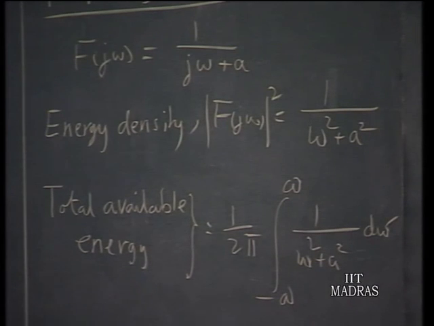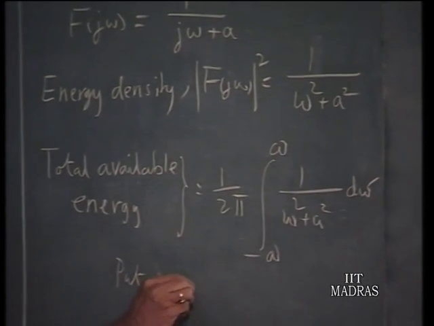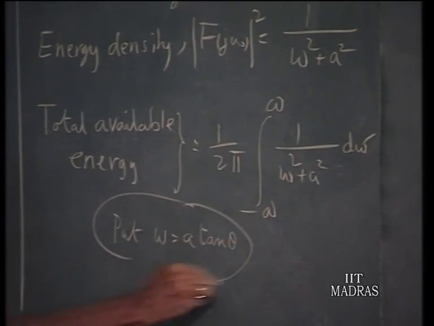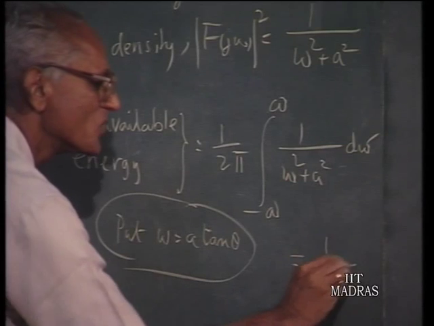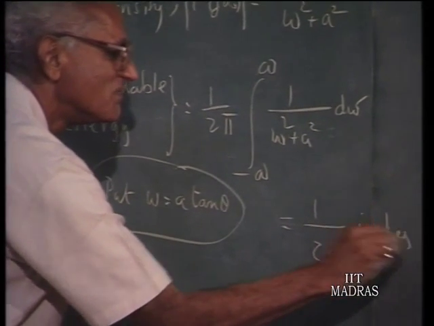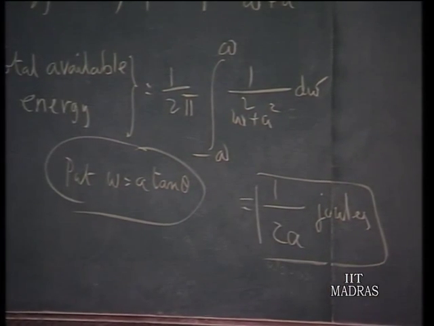And this can be shown by substituting omega as a tan theta and carrying out this integration, and you can show that this is indeed equal to 1 over 2 a. Which is exactly the result that we have obtained earlier.